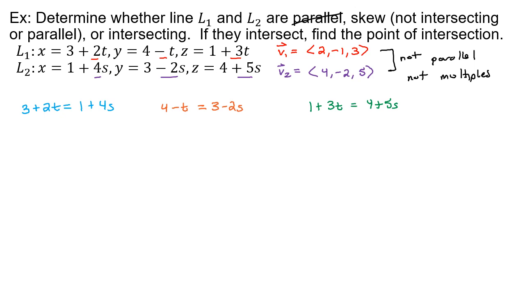What I'm going to do is take this second one here, and I'm going to double it and write it underneath here. So 4 times 2 is 8 minus 2t equals, doubling it gives me 6 minus 4s.